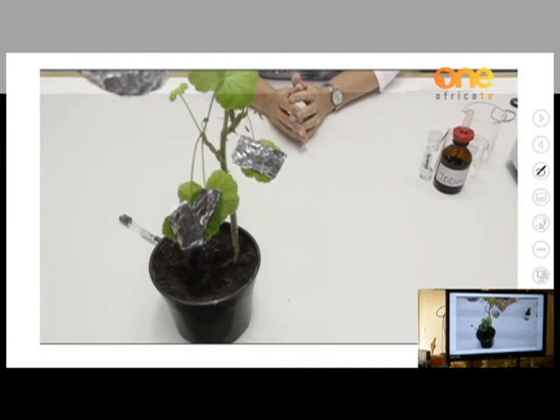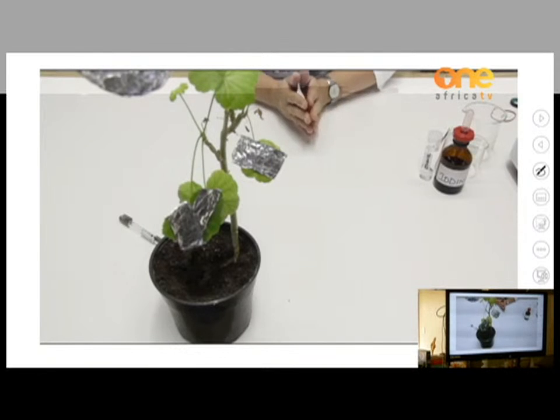In the next practical that we can do, the aim of the practical is to see whether light is indeed necessary for photosynthesis. Now, what would we need?